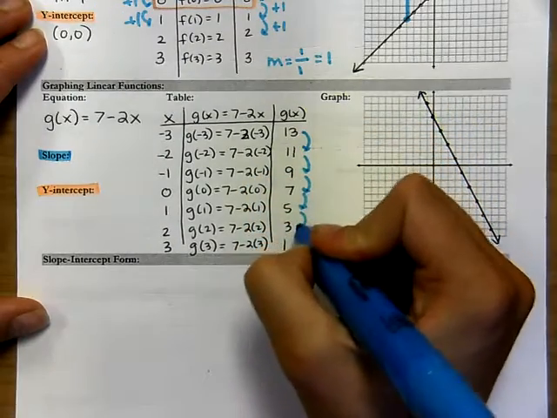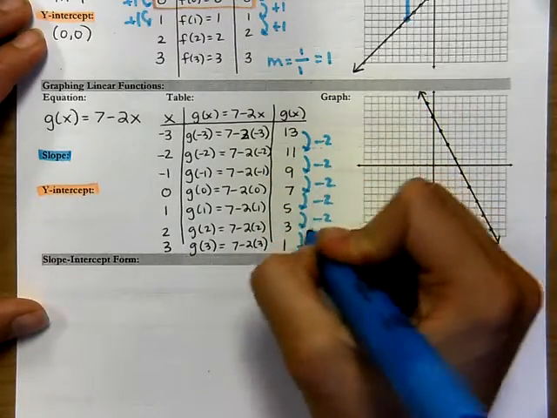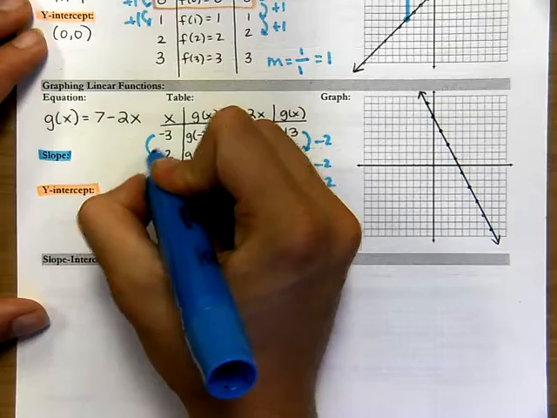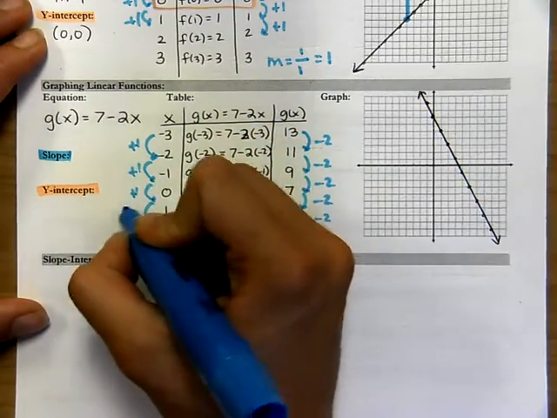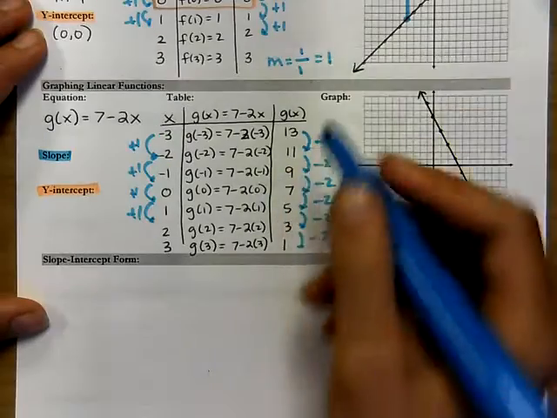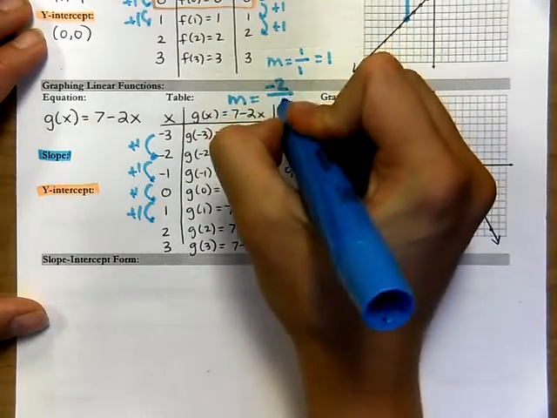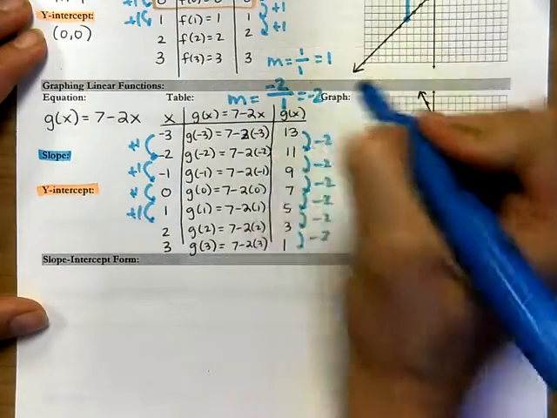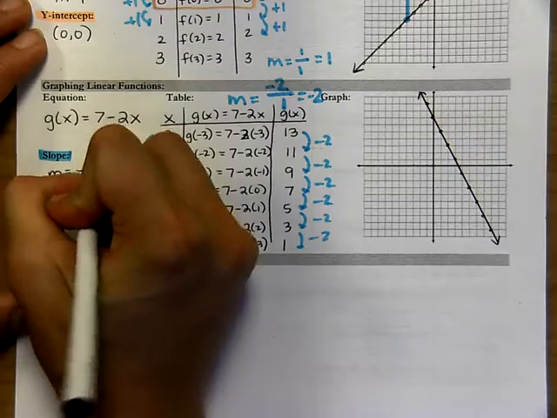I notice that we're going down by 2 each time, which means we're subtracting 2 as x increases by 1. So my slope from the table will be the change in y over the change in x, which just simplifies to -2. So my slope is -2.